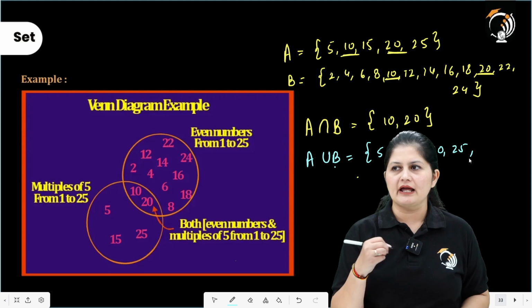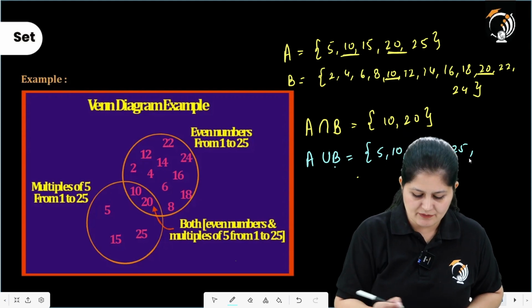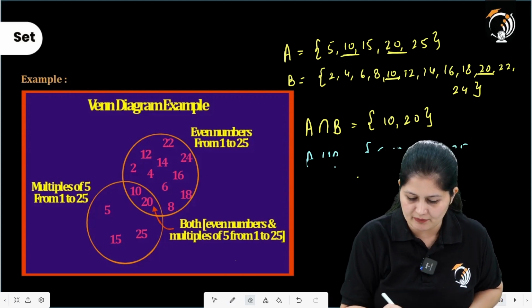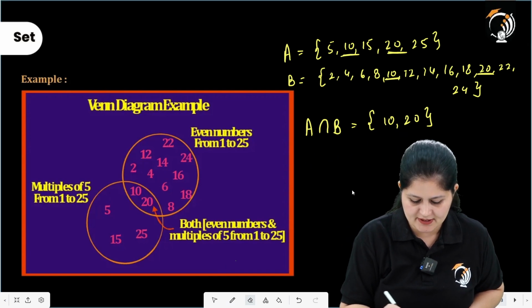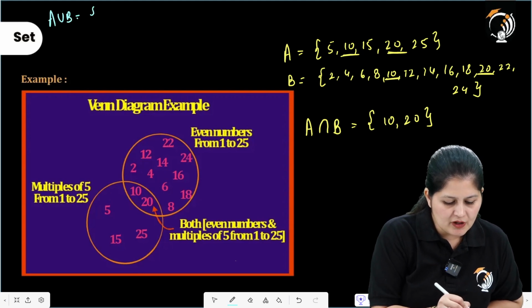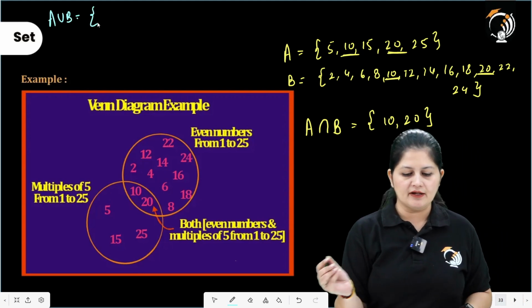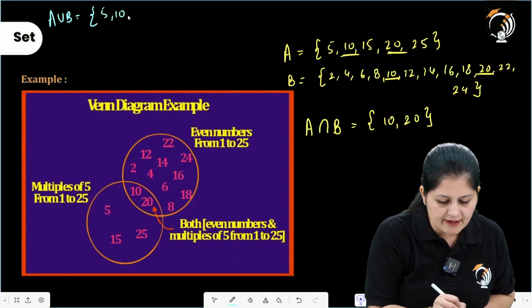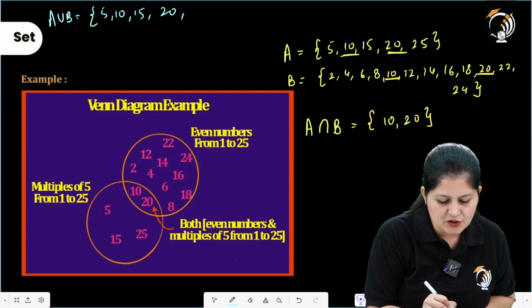I'm rewriting this here because it might not be readable. So, I'm writing A union B here, with all the elements of A: 5, 10, 15, 20, 25.